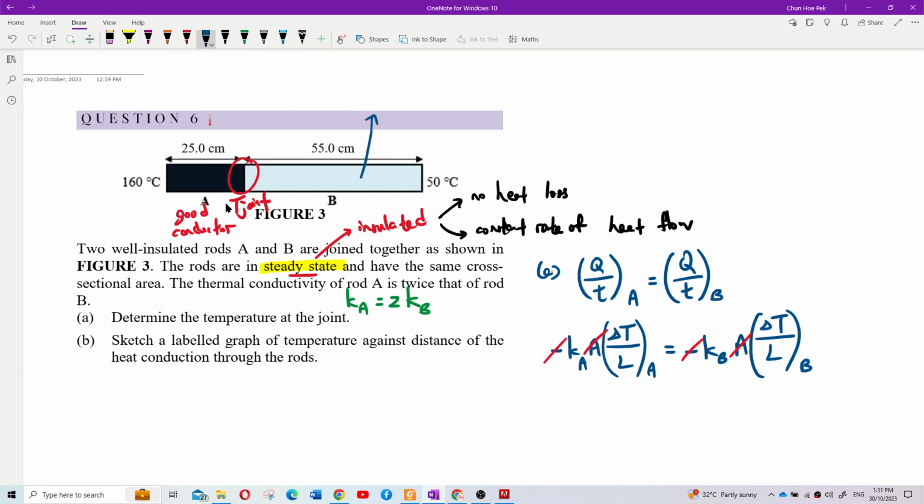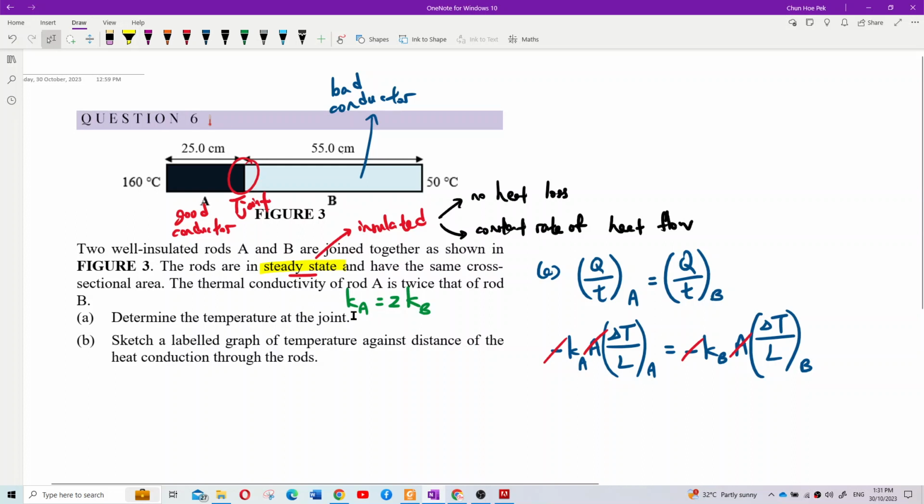B is a bad conductor of heat, because he says A's thermal conductivity is twice that of B. That means A conducts heat very well. B conducts 2 times less than A. A conducts better. Twice the rod B. Okay.